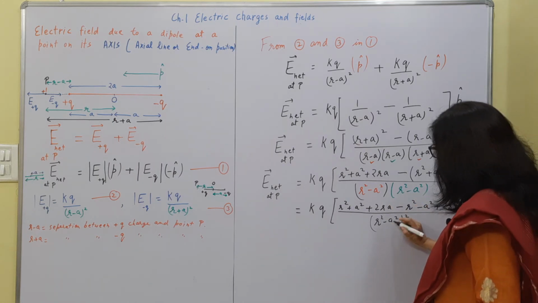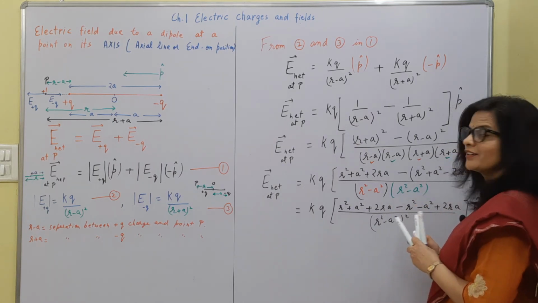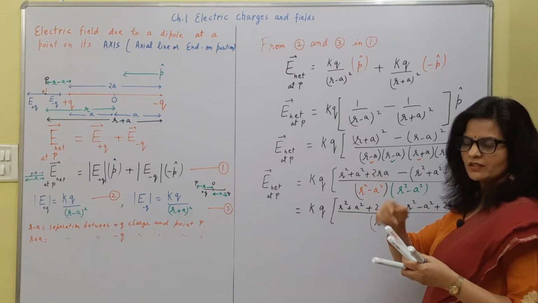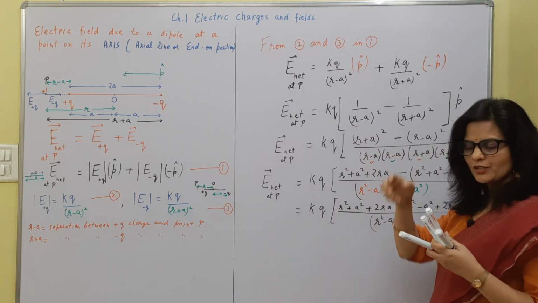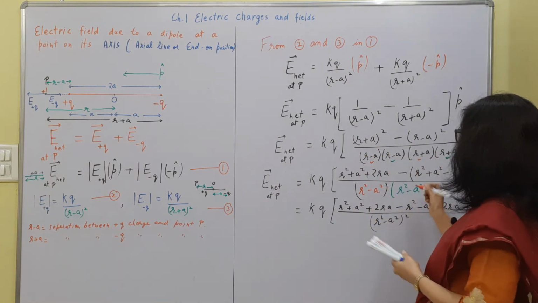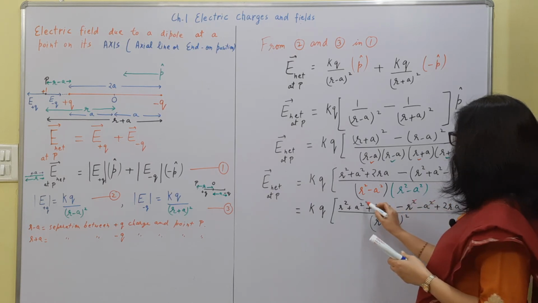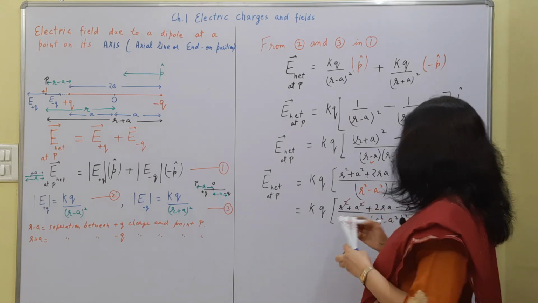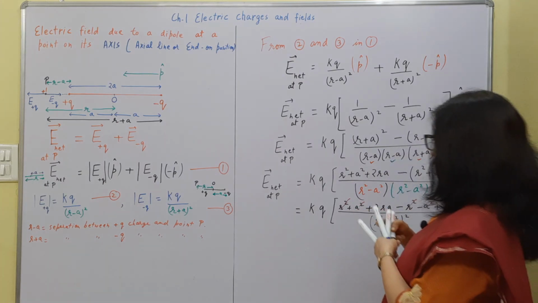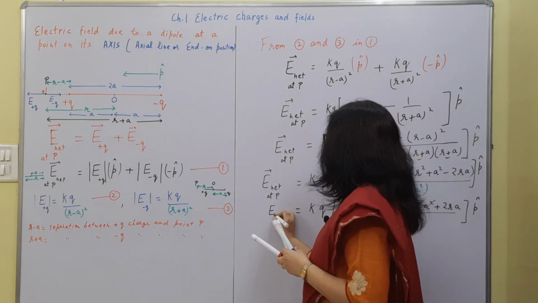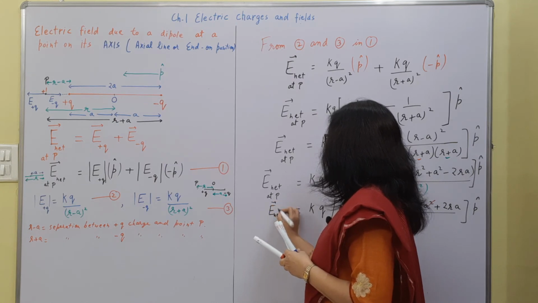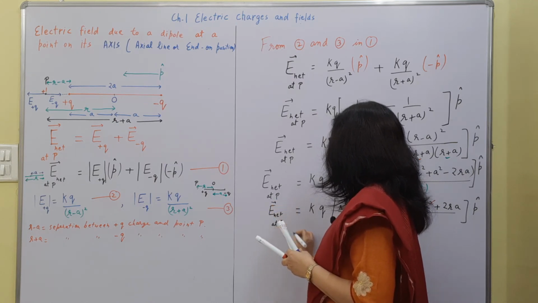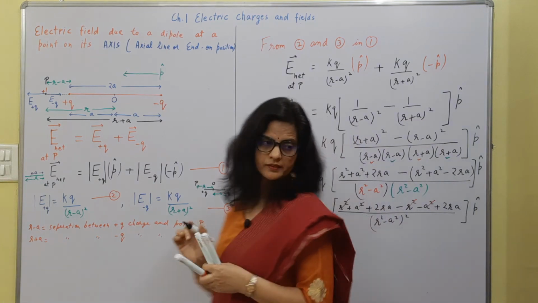Right? So this is A. Make sure that you are writing a different A. Sometimes when in hurry, you can get confused between A and Q. Right? So be careful. This will be cancelled, this will be cancelled, this will be cancelled, and this will be cancelled. So you will get E net at P like this.